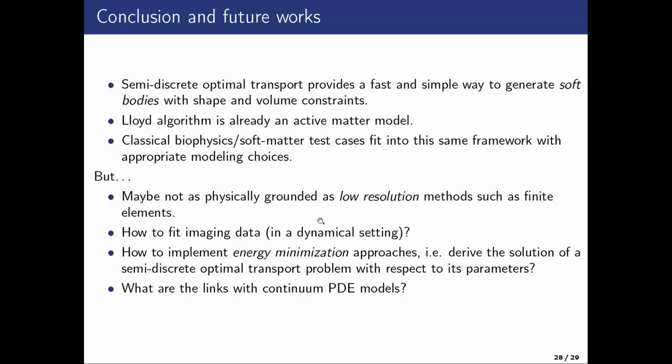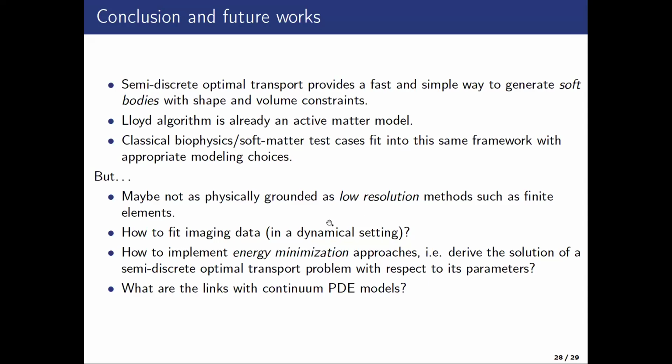I said that you have to find a compromise between physics and math and everything. So here the math and computation are pretty easy. But the reviewers complain that maybe it's not as physically grounded as a high resolution method like the finite element method, but you can input some physics in each part of your mesh.